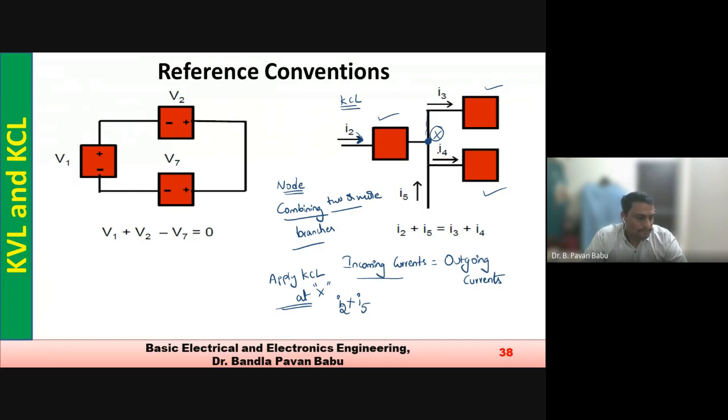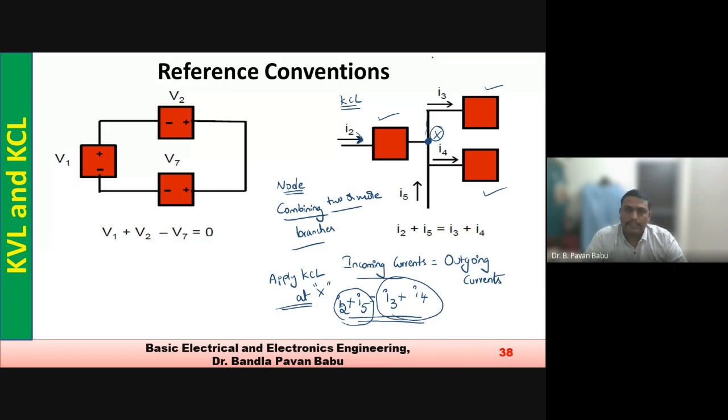Those are leaving the node, so those are the outgoing ones, which is equal to, as per KCL, I3 plus I4. So this is the equation. That means the sum of incoming currents must be equal to the sum of outgoing currents.